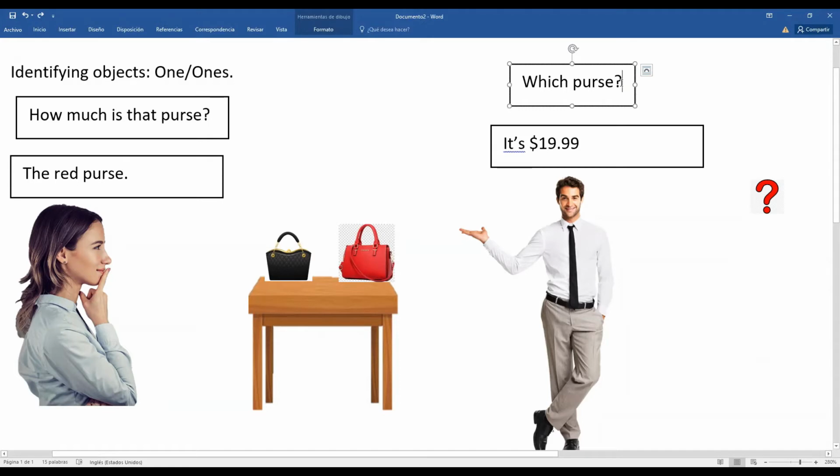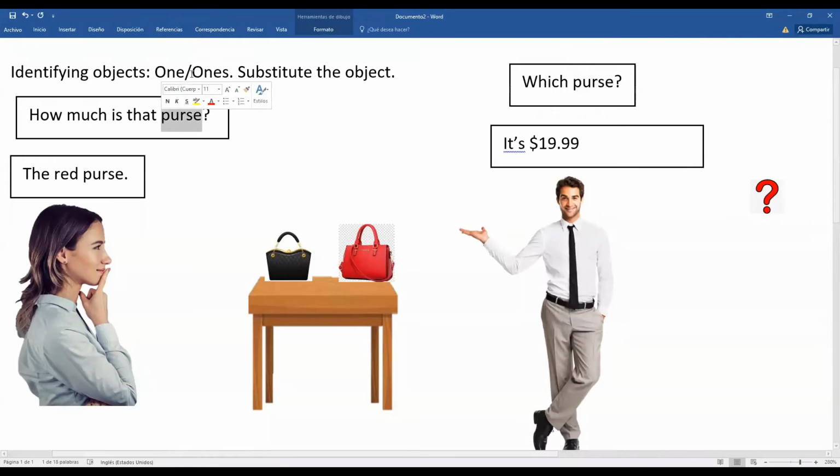Now, hold that. There is another form in which you canplan this. Now, one or ones substitute the objects. Now, instead of saying the red purse or which purse, we can substitute the name of the object with one.